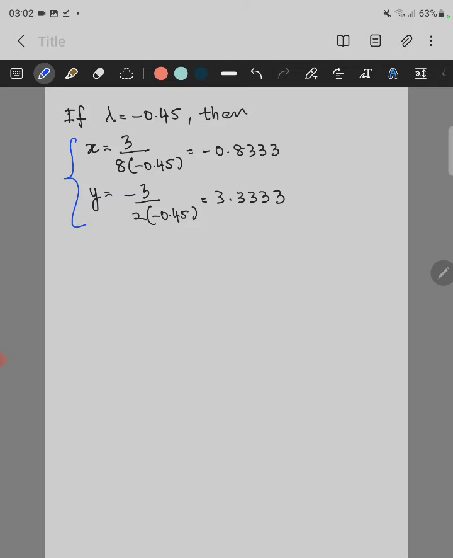And then the second solution, now we have lambda equals 0.45.